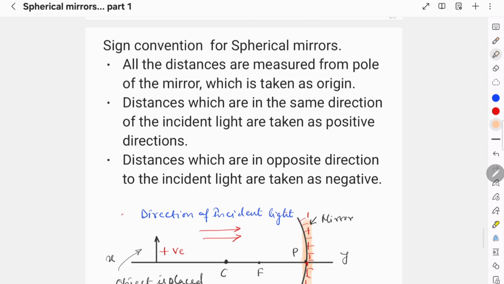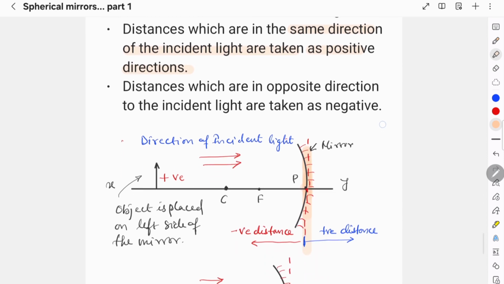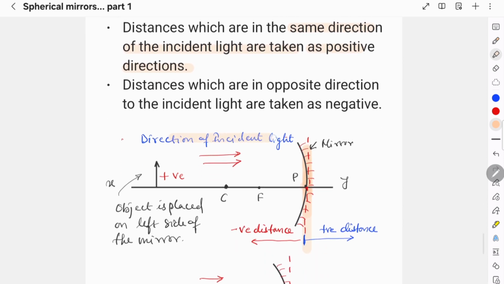Okay. Now distances which are in the same direction of the incident light are taken as the positive directions. Now you see in the diagram, this is the direction of the incident light. So these are the incident rays. So they are coming from left to right.